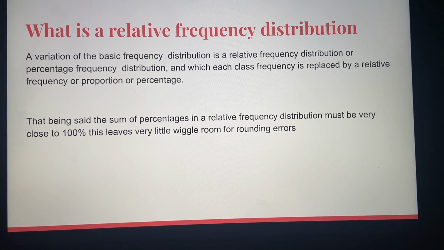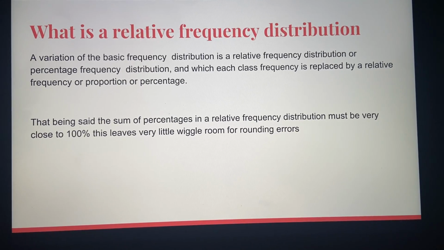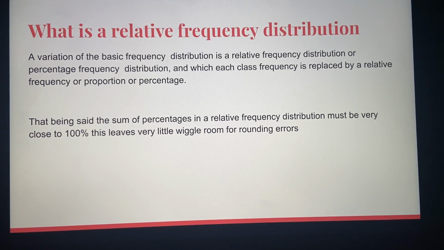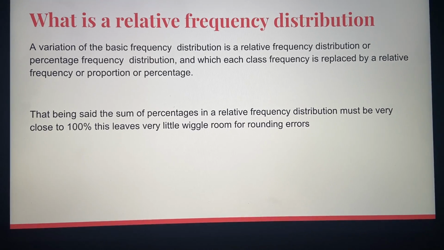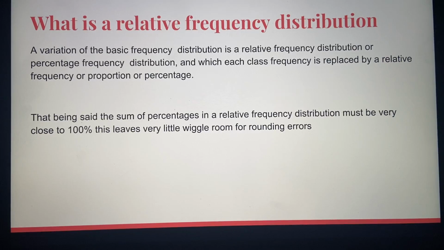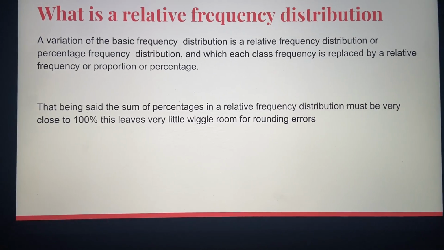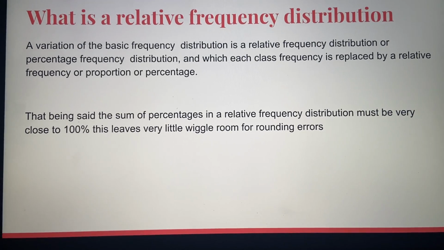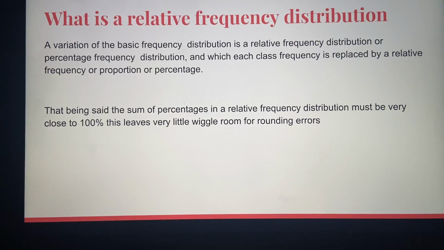That being said, the sum of percentages in a relative frequency distribution must be very close to 100%. This leaves very little wiggle room for rounding errors. Again, it is vital that you get your relative frequency distribution numbers close to 100%.